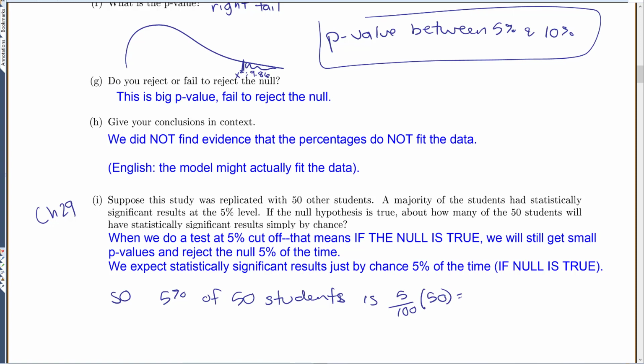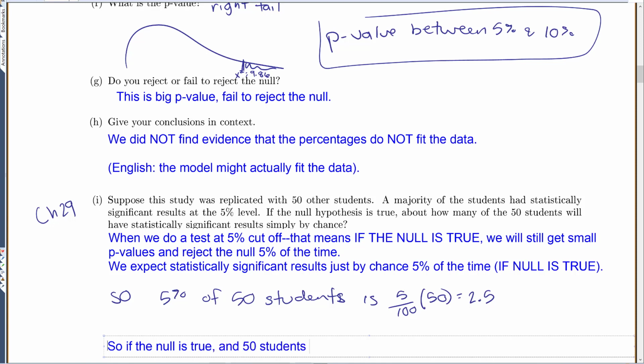Or 2.5. So if the null is true and 50 students take their own samples and do their own tests, then about 2.5 will get small p-values and reject the null.